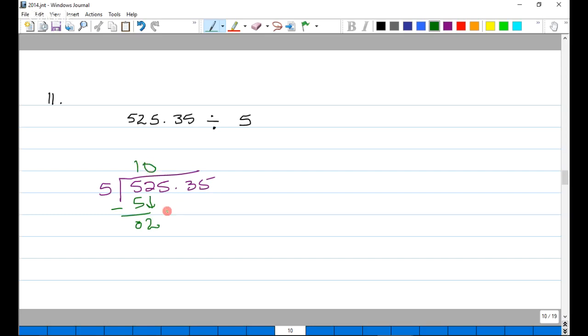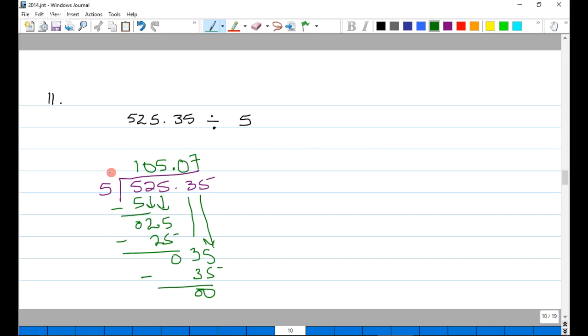Going to add 0. We're going to bring down. 5 into 25, 5. 5 5s is 25. 0. We're going to bring down 3. 5 into 3, 0. We're going to bring down. 5 into 35, 7. 7 5s would give us 35. Subtract. And we should be done.